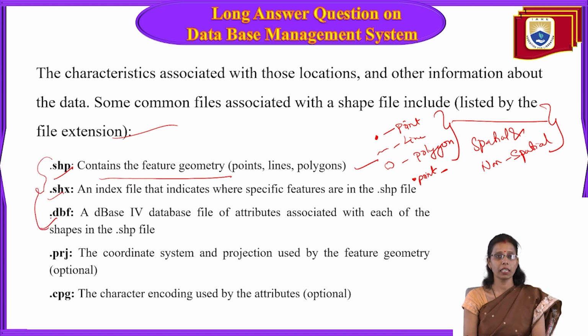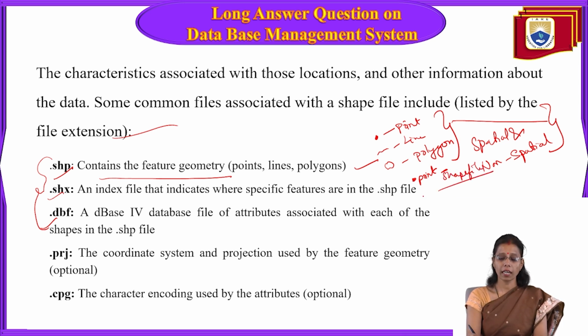These three files are immediately created once a point shapefile, a line shapefile, or a polygon shapefile is created. Based on the requirement, the shapefile will be created containing the feature geometry.